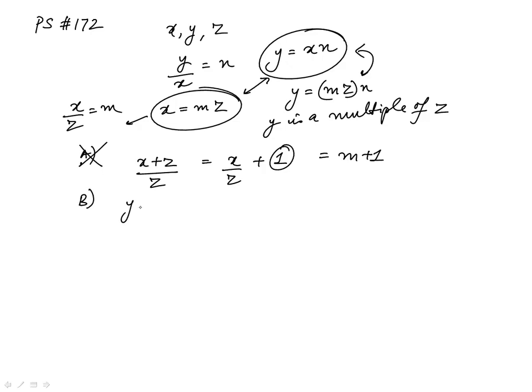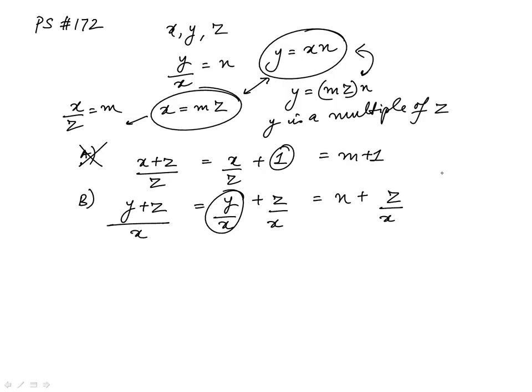Look at B. B is y plus z over x. And this can be written as y over x plus z over x. And y over x, we know, is an integer. But z over x doesn't necessarily have to be an integer.